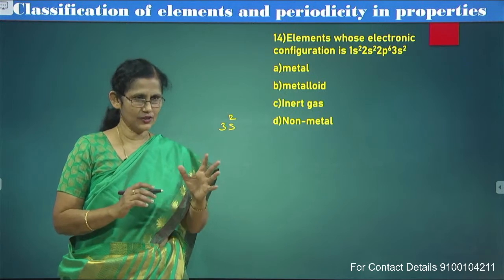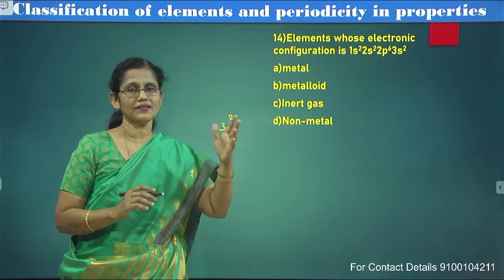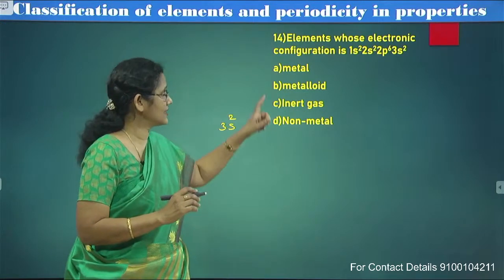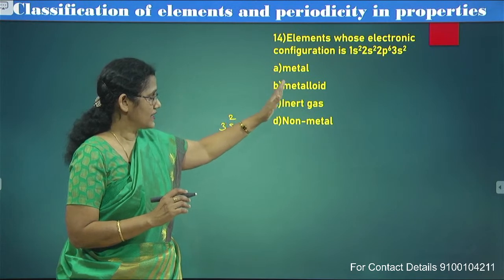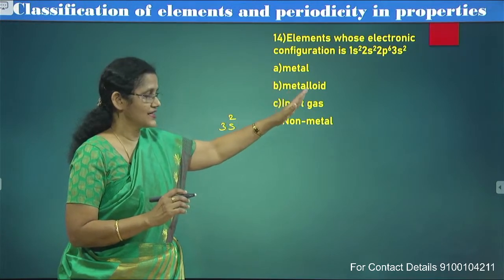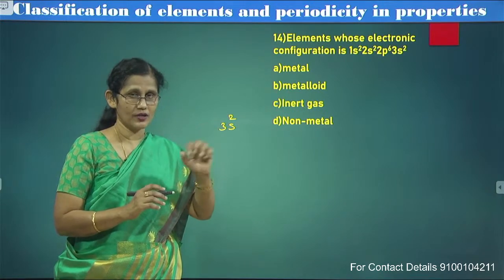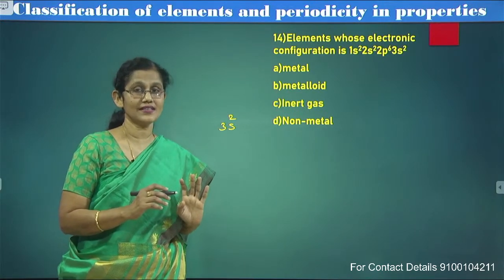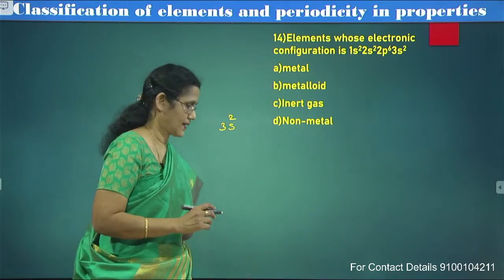First group and second group elements are all metals except hydrogen. So, 3s2 means third period, S block, so it is a metal. What is it? Magnesium. So, it should be a metal.